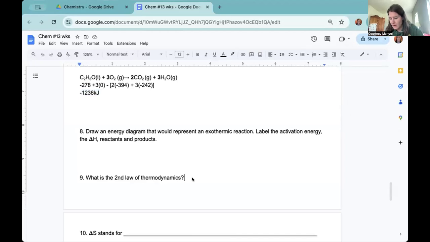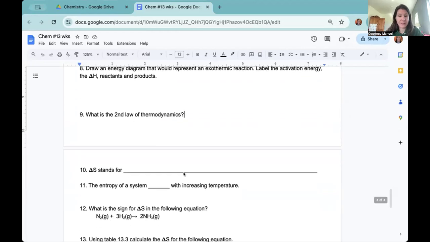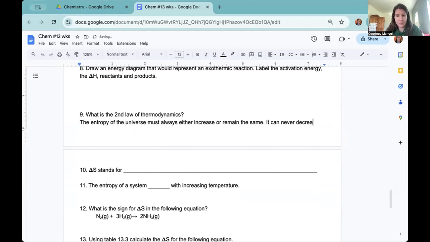Okay, number 9. What is the second law of thermodynamics? This is actually one of my favorites because it shows the evidence of creation. So the entropy, now this is different than enthalpy. Enthalpy is the change in energy. The entropy of the universe must always either increase or remain the same. It can never decrease.